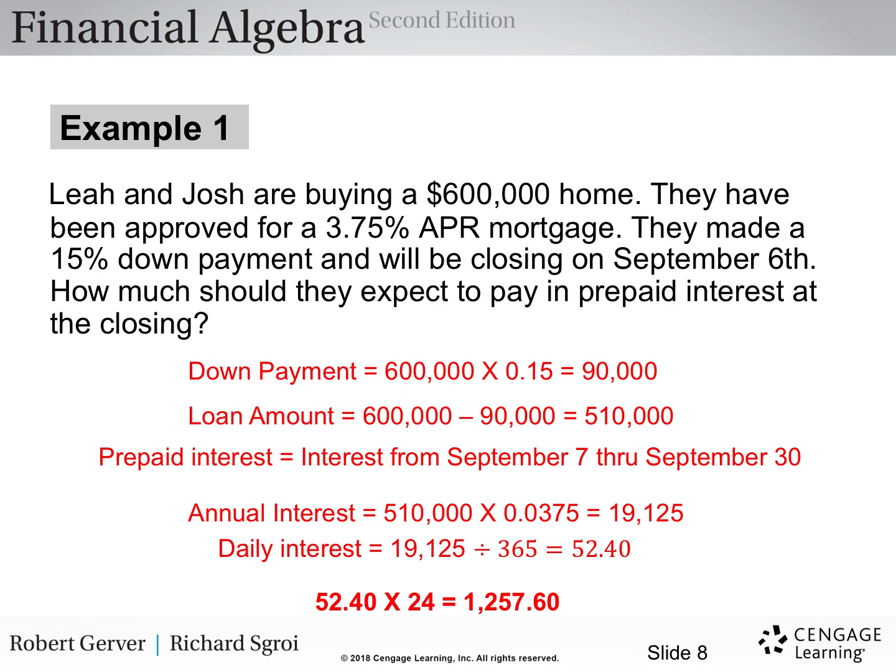This gives you $52.40 per day. Now, between September 7th and September 30th, there's 24 days. So if you take the daily interest, $52.40, multiplied by 24, you come out with the prepaid interest at closing, $1,257.60.